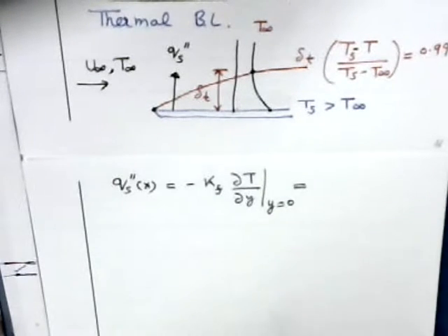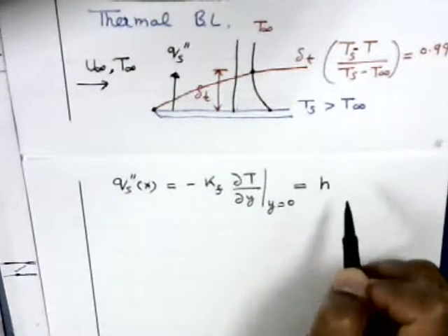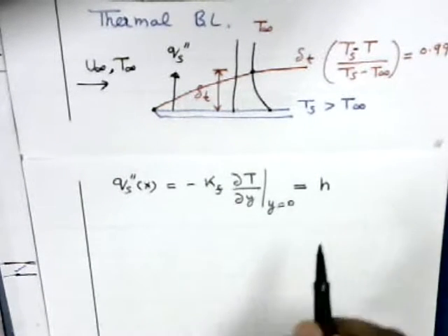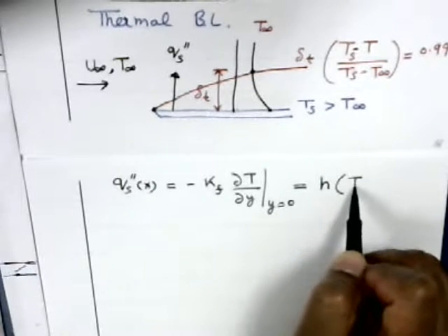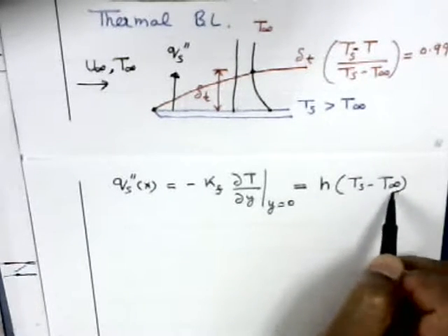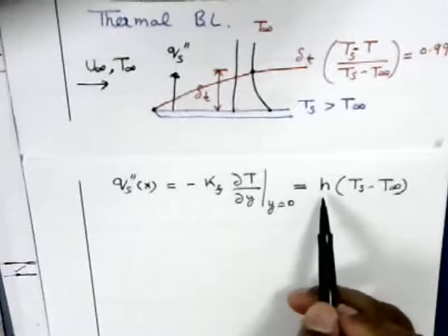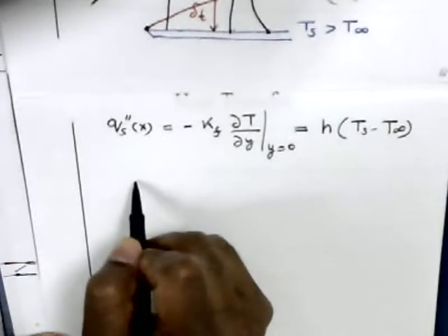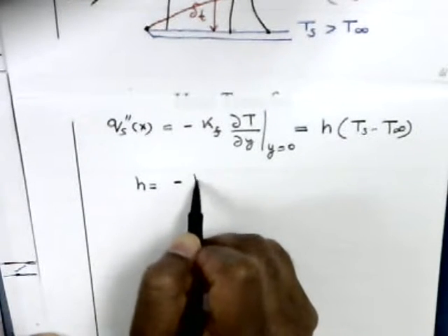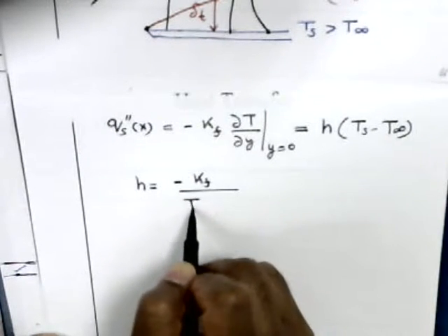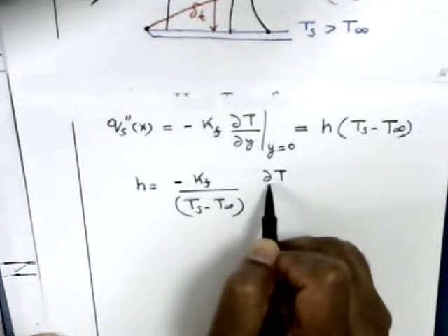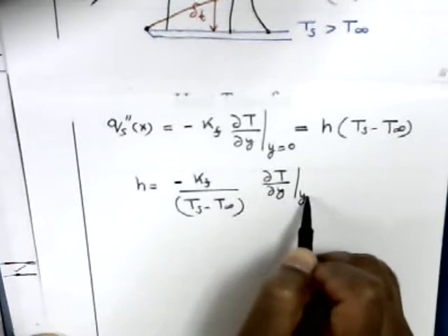And this also equals, based on Newton's law of cooling, H, the convection coefficient, which is a function of x, times the surface temperature Ts minus T infinity. And we are interested in determining what this H is. So H, based on this, will be negative Kf over Ts minus T infinity times del T del y at y equals 0.